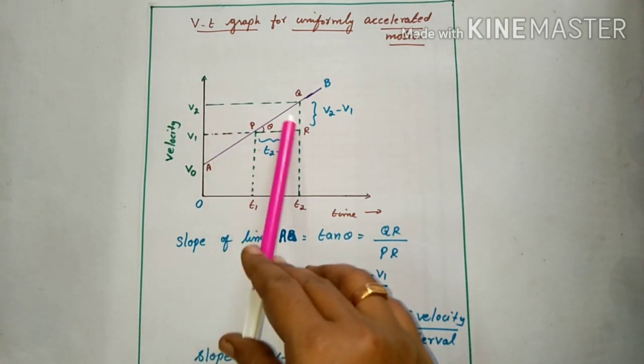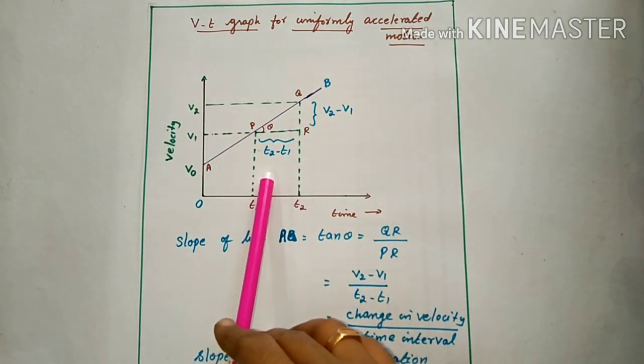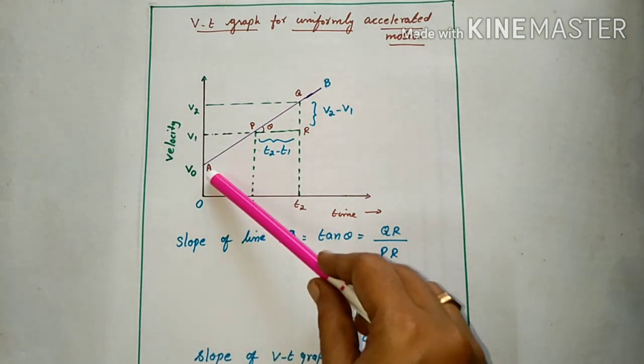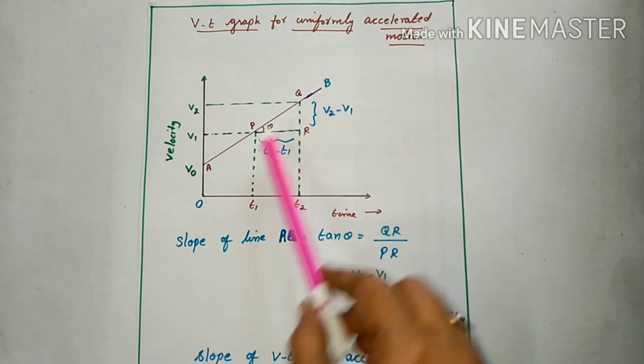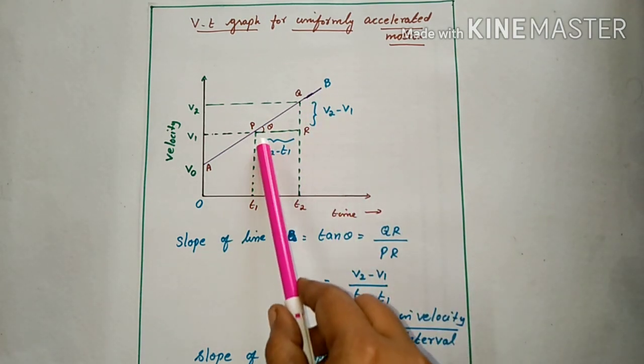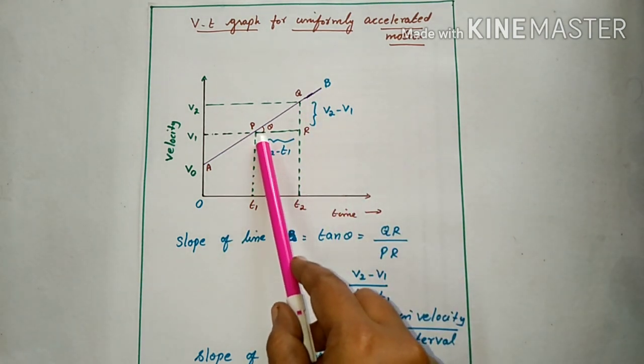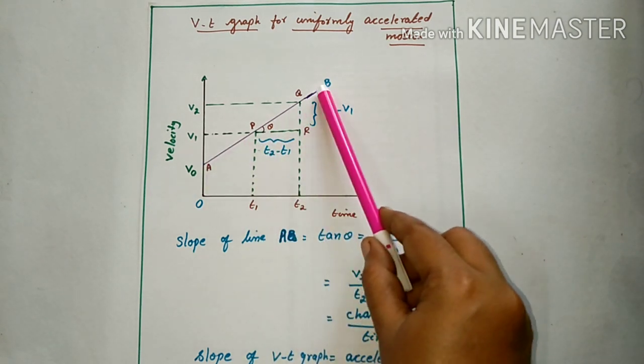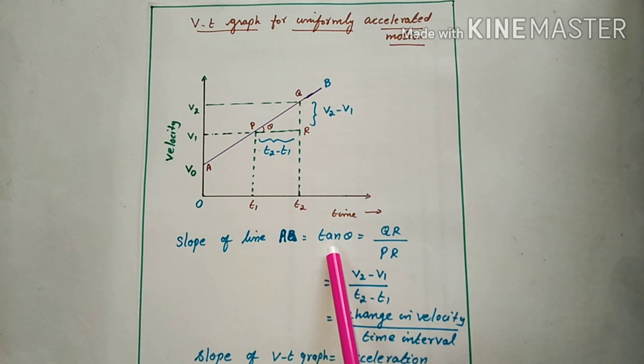So from this v-t graph, we can calculate the acceleration of the object. Here the nature of the graph is a straight line inclined to the time axis, and the inclination is given as theta. From this figure, slope of the line AB is equal to tan theta.